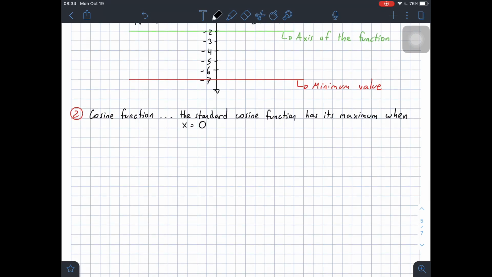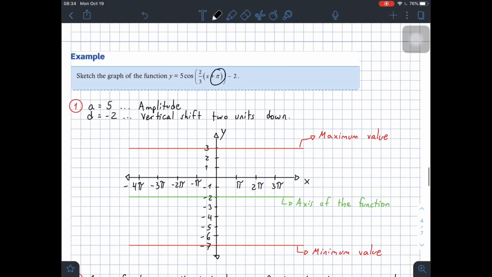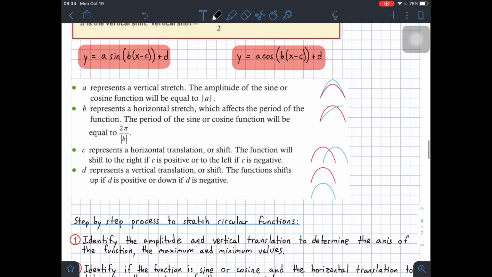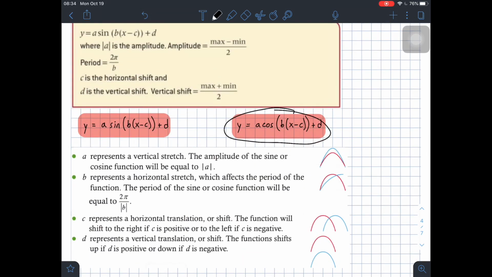But now we have a value of c which produces a horizontal translation. The value of c in this case is negative pi. Remember, why negative pi? Because our original formula, let's say, is this one over here. You see that it's always x minus c according to our general formula.